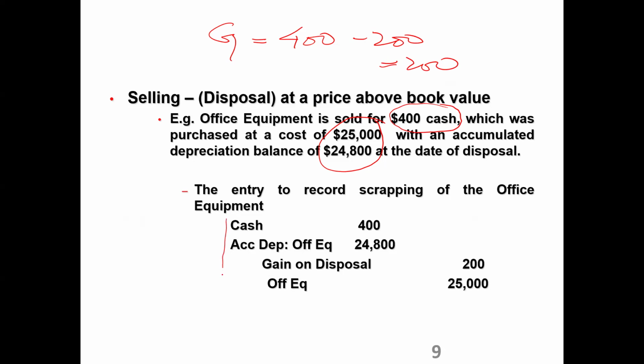The entry would be cash debit 400, accumulated depreciation of this equipment debit 24,800, gain credit 200, and office equipment credit 25,000. The total debits and total credits are equal, that is 25,200.